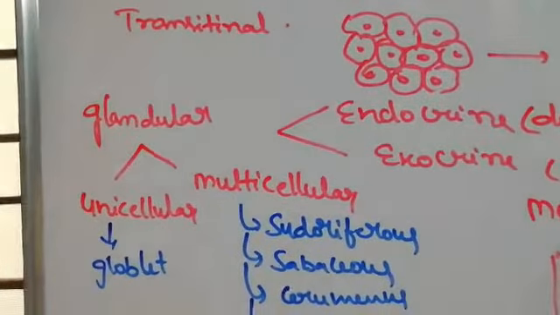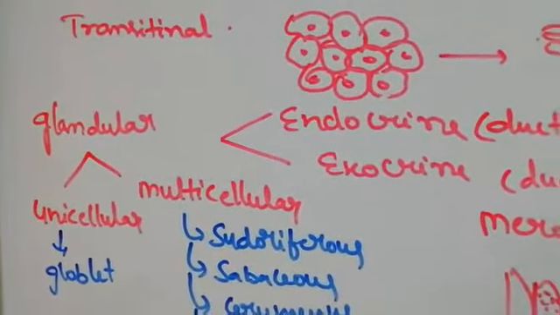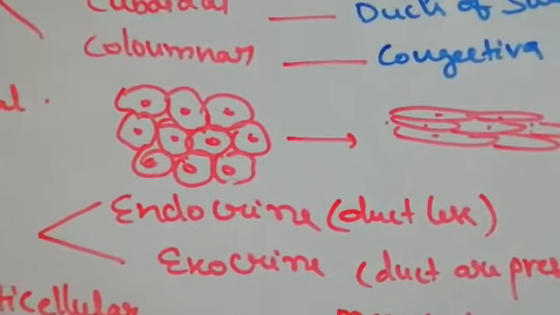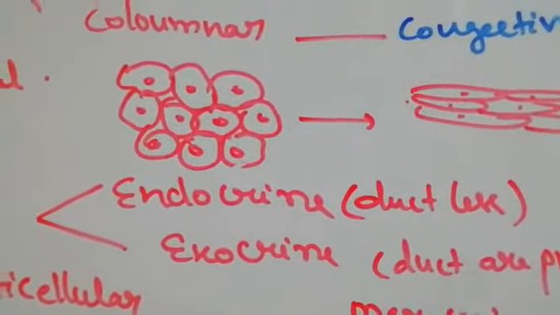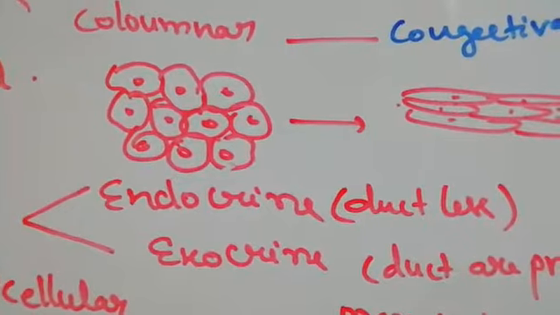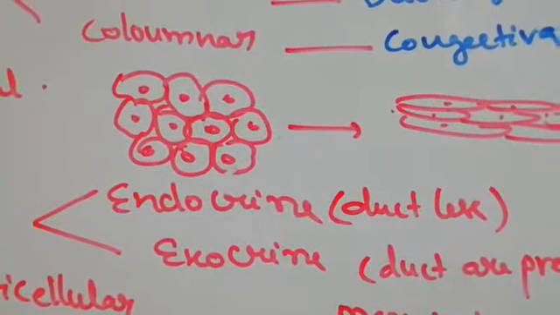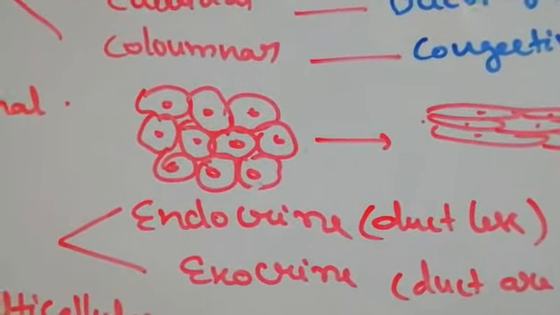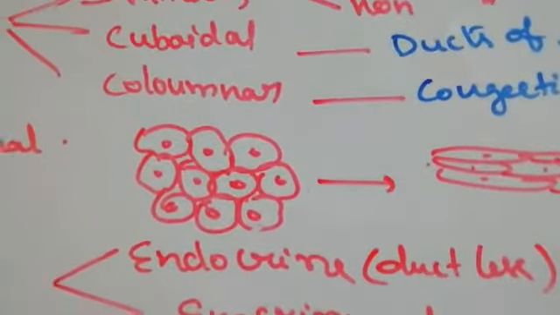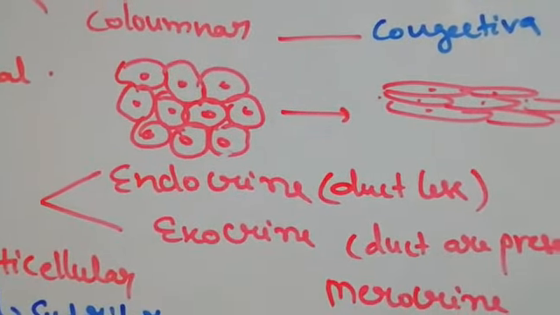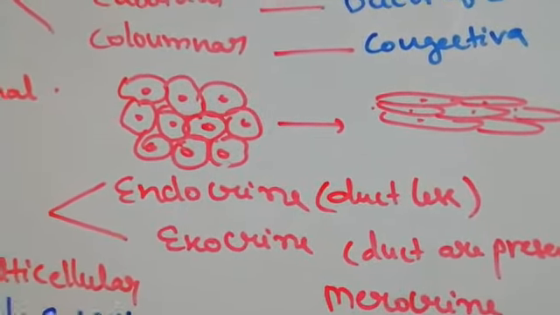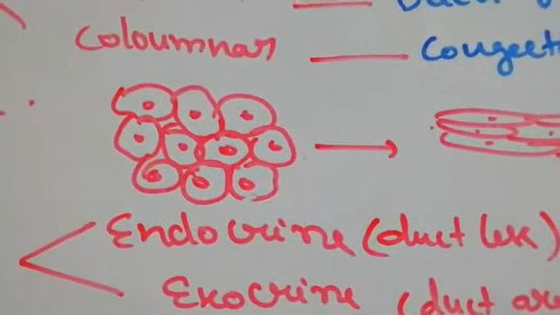Next, based on the pouring of the secretion, they are divided into endocrine and exocrine. The glands which don't contain ducts are called endocrine glands. The glands which contain ducts are called exocrine. So in endocrine glands ducts are absent.